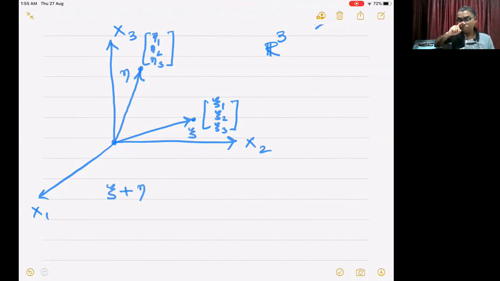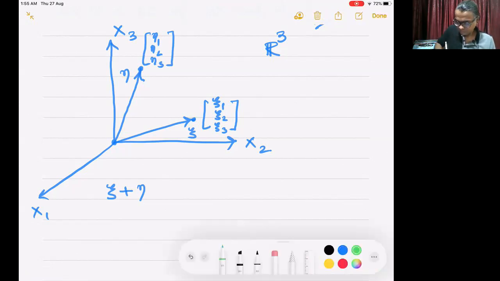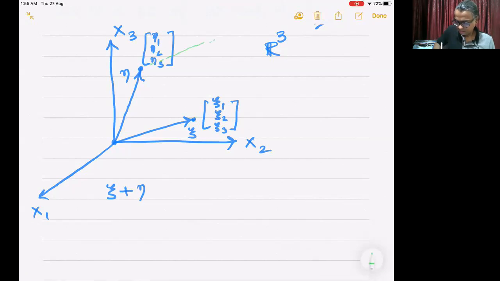We know from our high school studies that xi plus eta is obtained by the following. You translate this vector here. This is also the vector eta, you just translated it, and then add them using the triangle law.